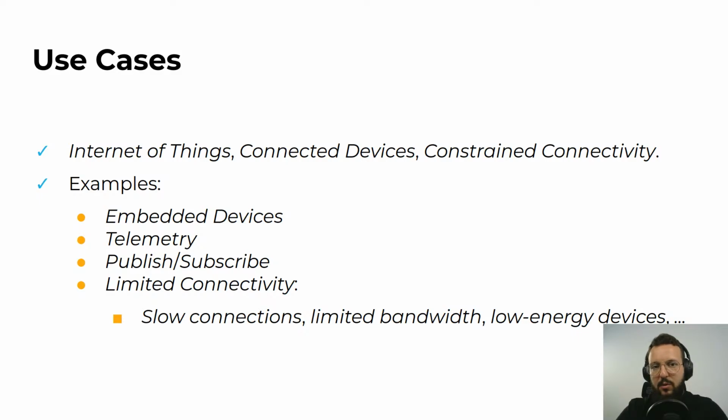We will talk about the differences between those two services and when to use which. Additional examples regarding those domains: embedded devices, all kinds of telemetry, publish-subscribe, slow connections, limited bandwidth, low energy devices, using, for example, satellite connectivity. All those elements are pretty good candidates to use MQTT and probably the AWS IoT Message Broker as well.